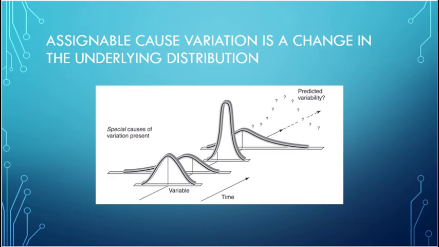When our system is not in control, then the samples that we take will not all have the same underlying distribution. Each of those changes in the underlying distribution is assignable cause variation. And assignable cause variation can affect either precision or accuracy.